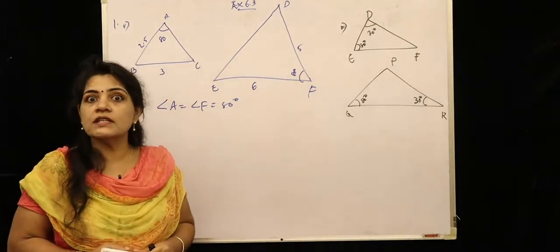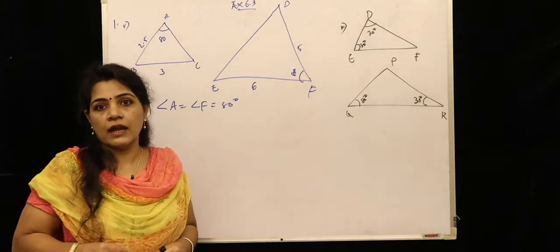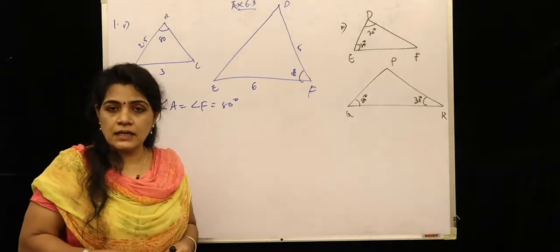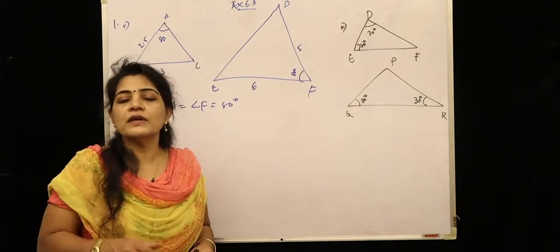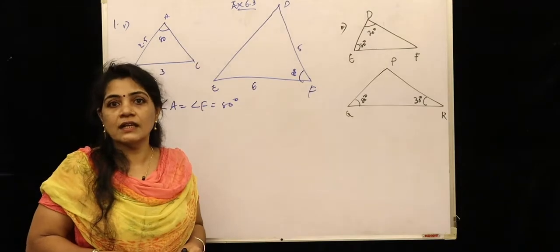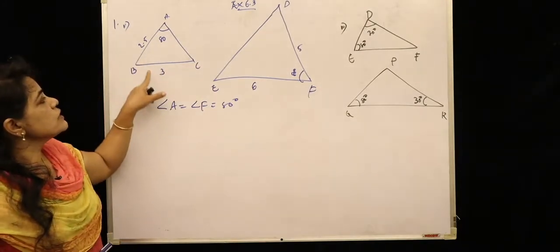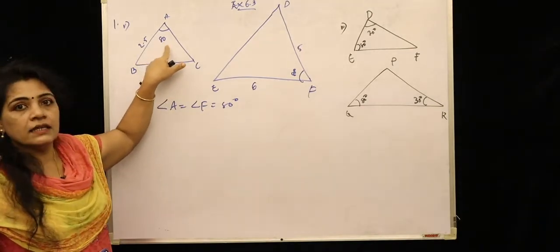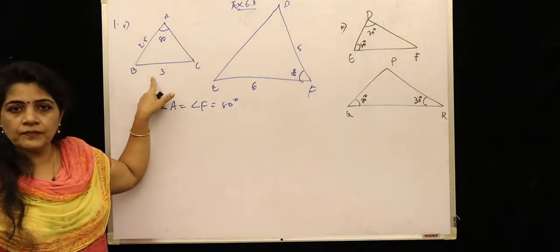It seems to be similar, children, because two sides and the angle are also given. Check whether the sides are the included sides of the given angles, then only you can say that they are similar to each other under SAS criterion. Here, see children, this angle 80 is included by these two sides.